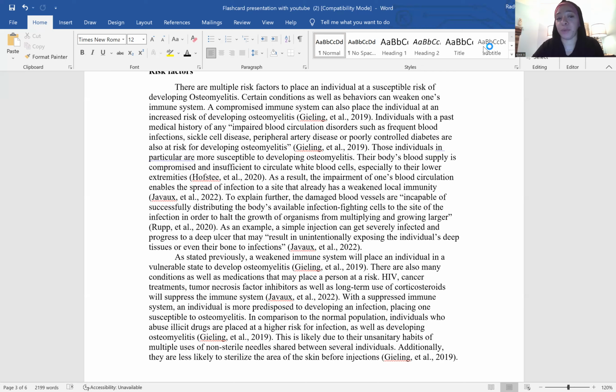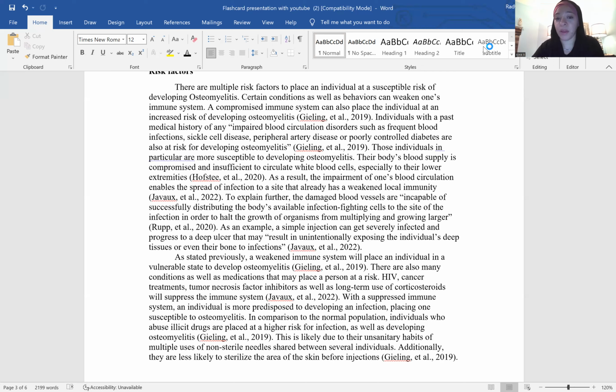a weakened local immunity. To explain further, the damaged blood vessels are incapable of successfully distributing the body's available infection-fighting cells to the site of the infection in order to halt the organisms from multiplying and growing larger.